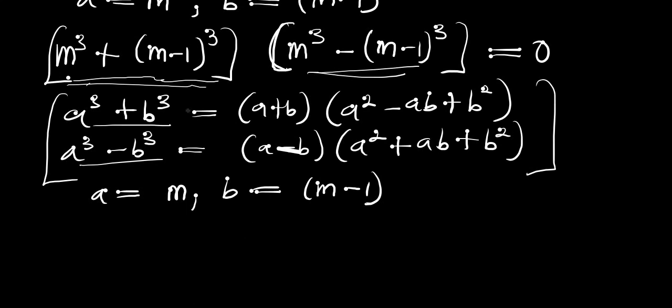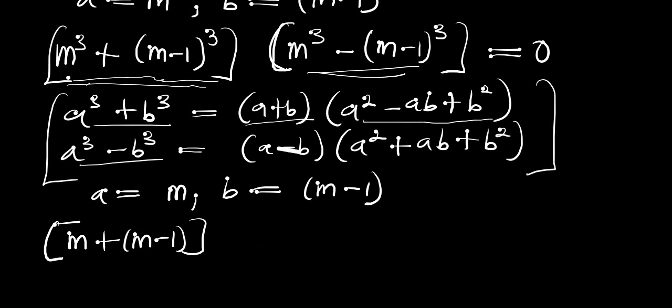For the first one here, a plus b, we are going to have, let me make use of square bracket, m plus (m minus 1). And for this one here, we are going to have a squared, that is m squared. Then we have minus ab, we are going to have m into (m minus 1), plus b squared.